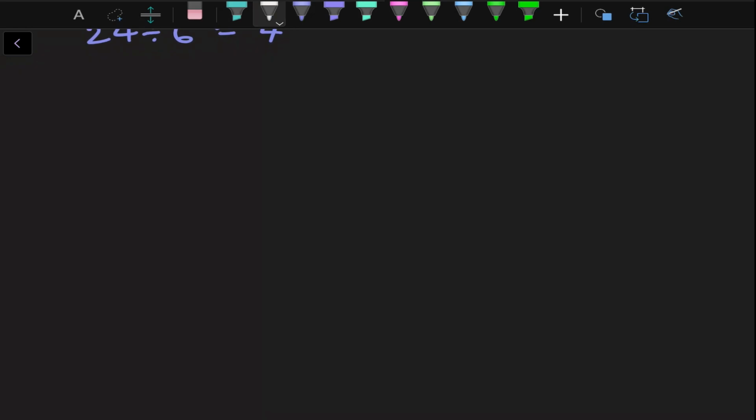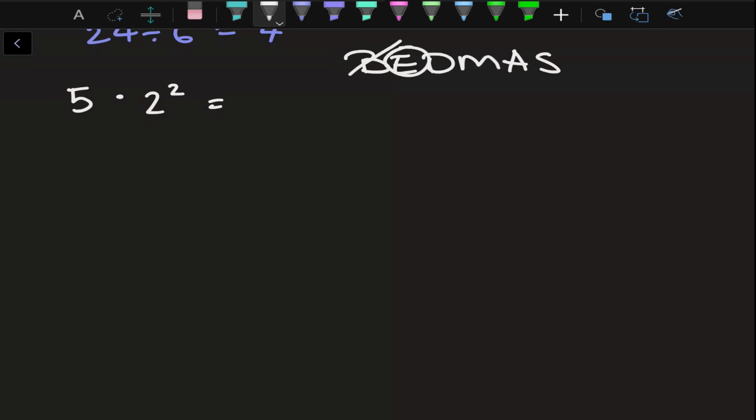And another one. 5 times 2 squared equals. Okay, so now when we think about BEDMAS, no brackets, though I do have an exponent. I have this 2 right here. So I'm going to do this portion first.